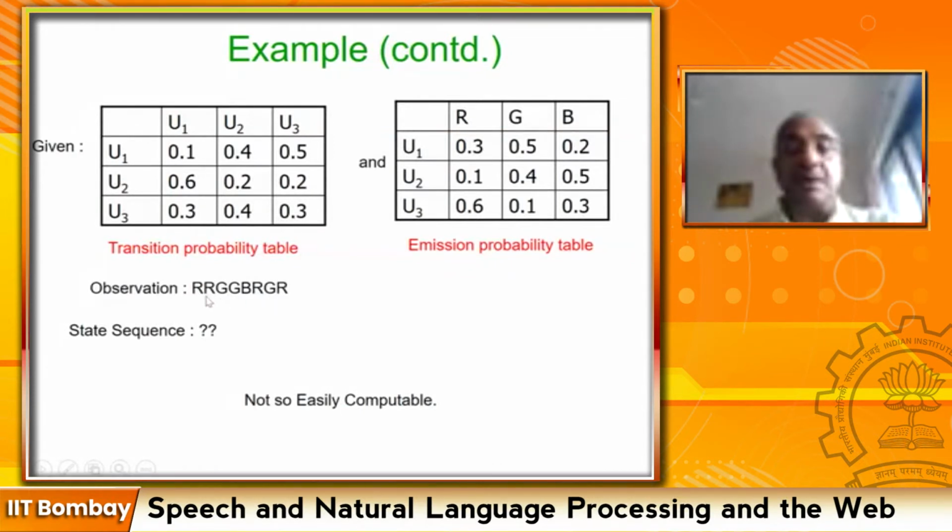What is the sequence of arms from which these balls came, one after the other? Okay, is the question clear? I think the question is clear. The input to the problem solving block is a sequence of observations, namely the balls, and the output is the state sequence where each state means the arm.